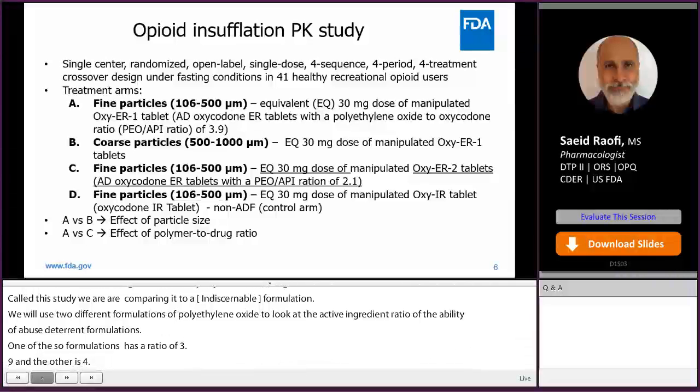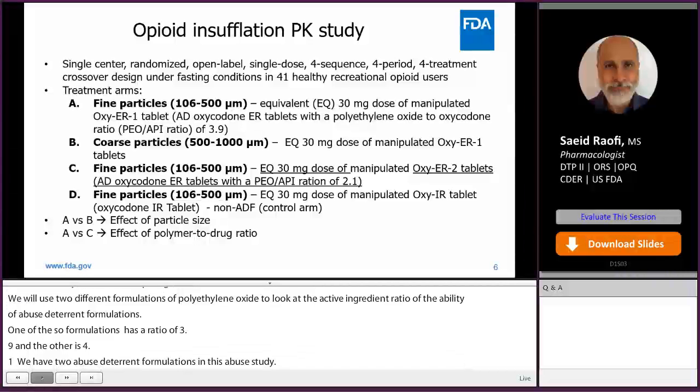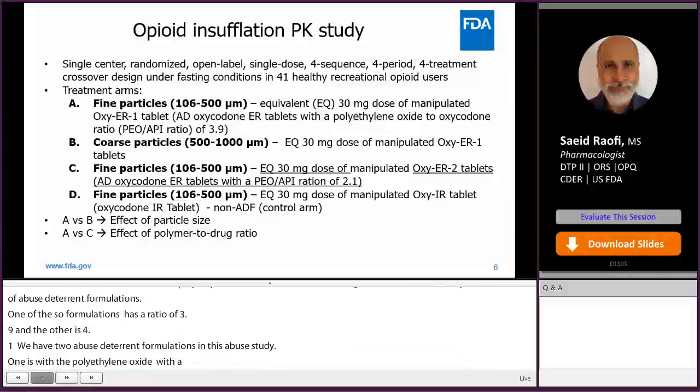We have two abuse-deterrent formulations in this study. One is the one with the polyethylene oxide to API ratio of 3.9. We manipulate this to two different particle size ranges, 106 to 500 micrometers and 500 to 1000 micrometers.